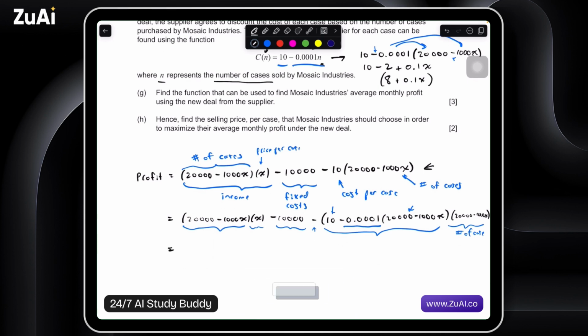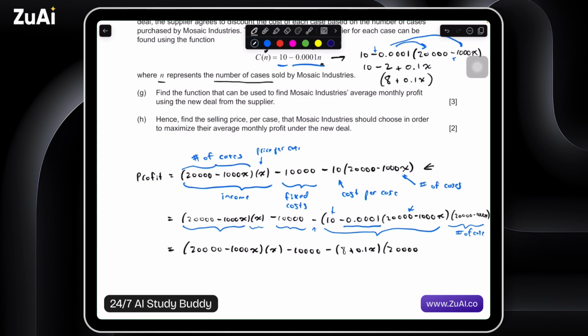So, this last question has taken quite a while. We could rewrite this if we wanted to. 20,000 minus 1,000x times x minus 10,000 minus, and this is our cost per case, 8 plus 0.1x cost per case times the number of cases.